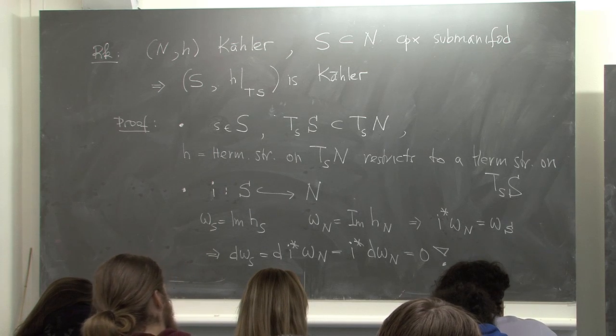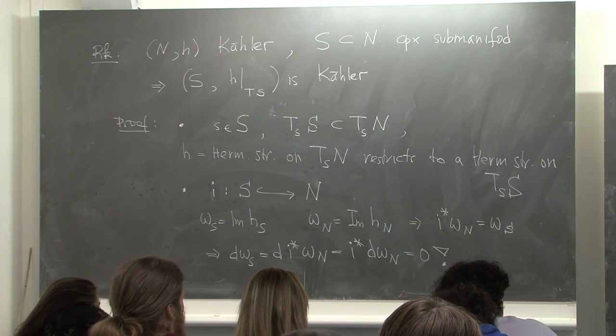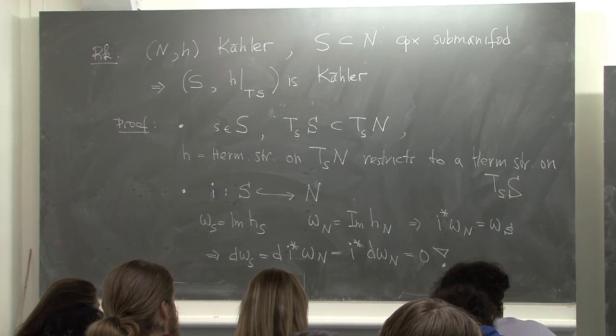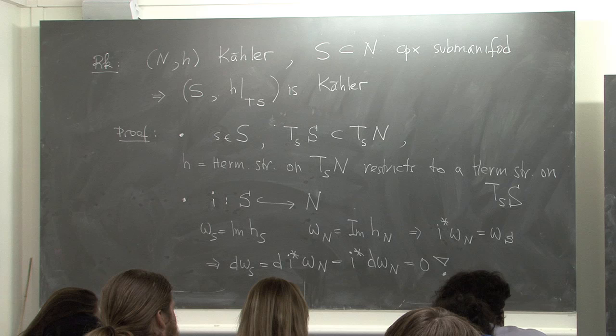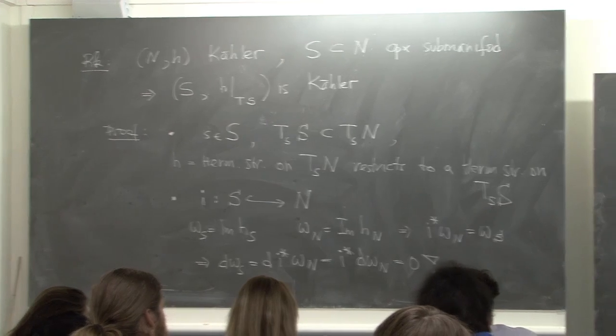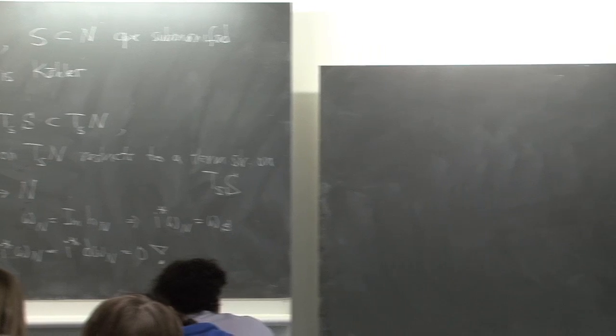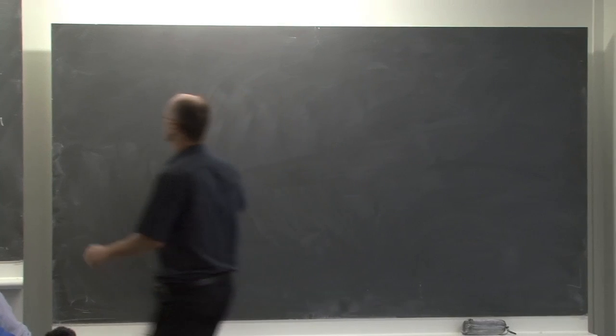All right. Now, let me introduce one of the most important tools in elementary symplectic geometry. It goes under the name of Moser lemma or Moser trick.